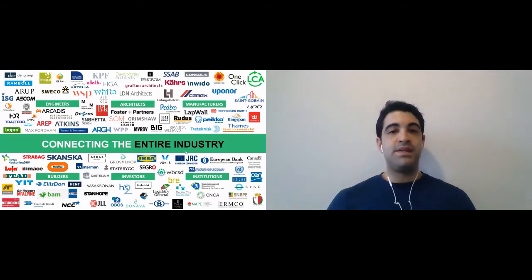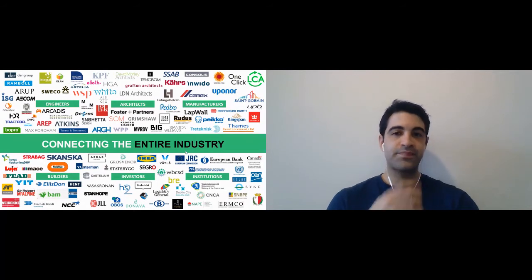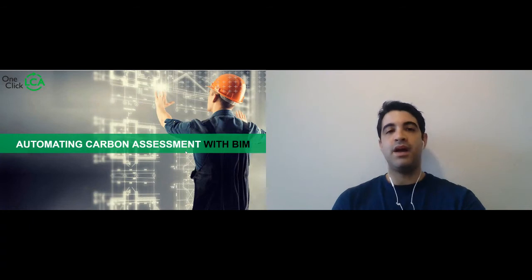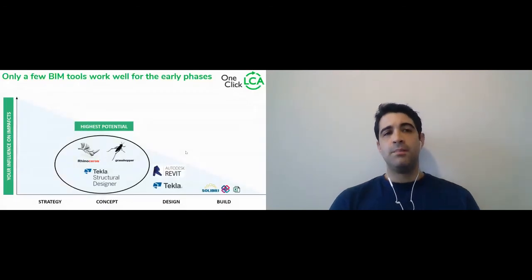So as can be seen, it's not that we focus just on one sector, just architects or just engineers. We really try to connect the whole industry to make it easier to perform life cycle assessment or embodied carbon calculations. One way to make this easy is by automating carbon assessment, and one way to do that is with BIM. But there are only a few BIM tools that work well for the early phases.